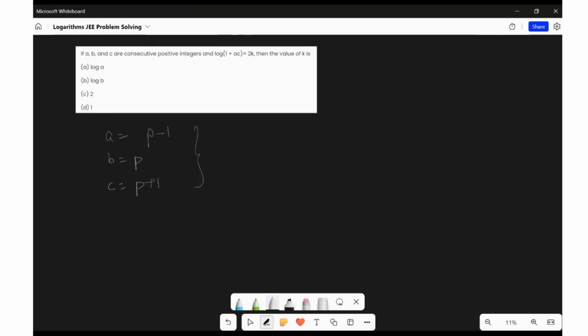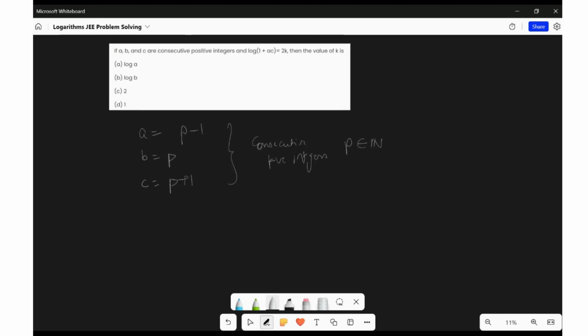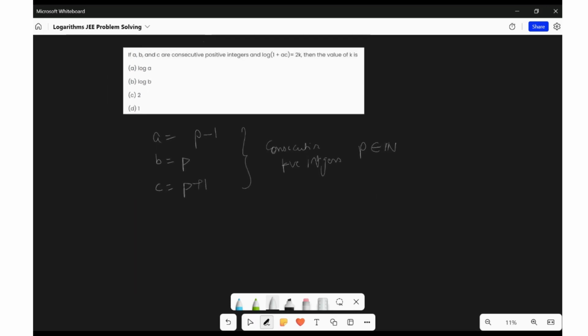These are all consecutive positive integers, and p always belongs to the natural numbers, right? That's the condition here. Now, for this, let's put this ac in this expression of log of 1 plus ac.